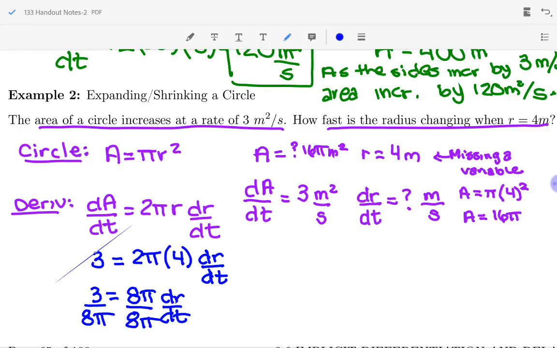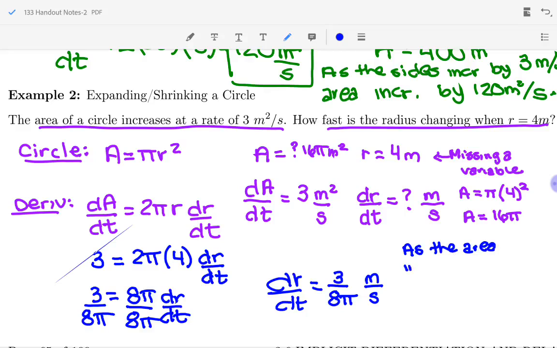So the radius, dr/dt, is going to be changing by 3 over 8 pi, and my units on that one are meters for r per second for time. So to interpret this, as the area increases by 3 meters squared per second, you always say what's happening with the rate you're given first.